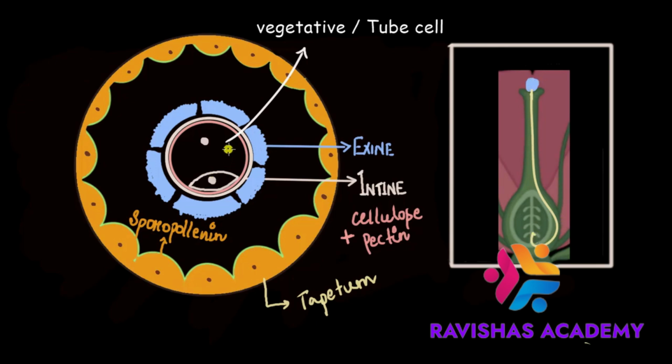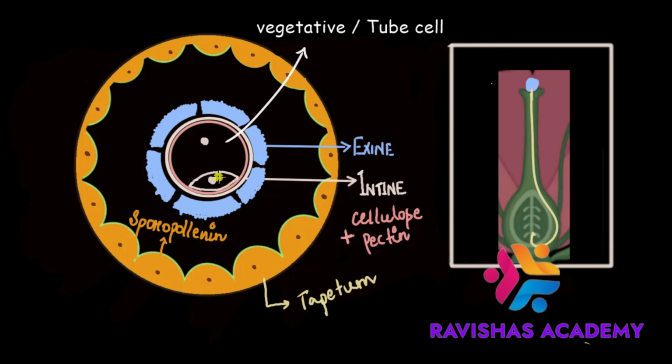So this is the tube cell, which gives rise to this yellow, long pollen tube that you see here. And we also call it vegetative because it does not directly take part in the fusion, or it does not give rise to the male gametophyte. So this vegetative or tube cell gave rise to a long pollen tube.